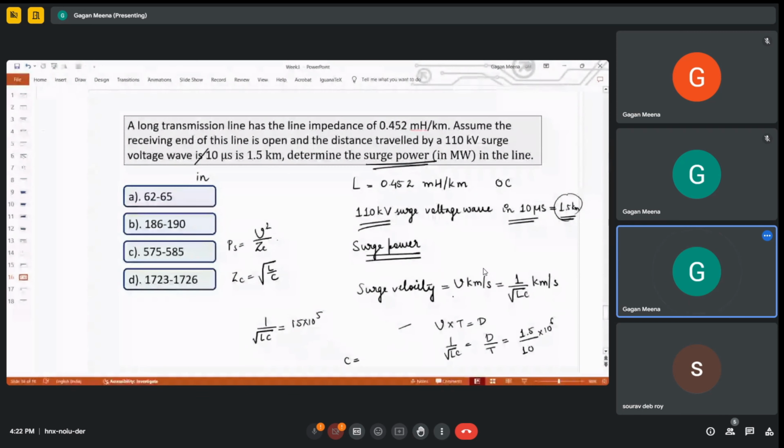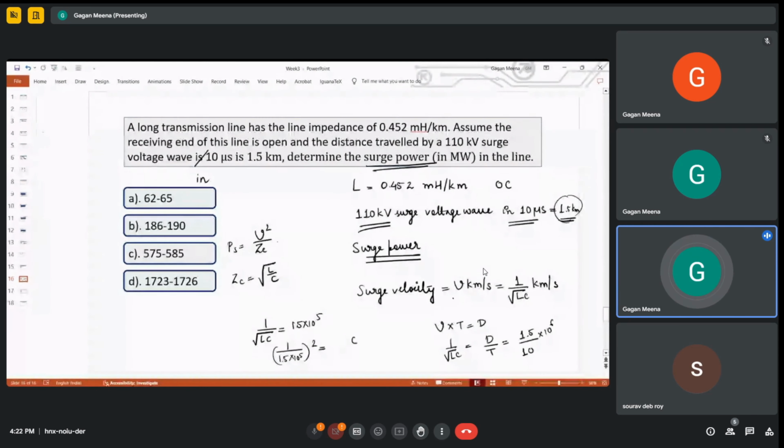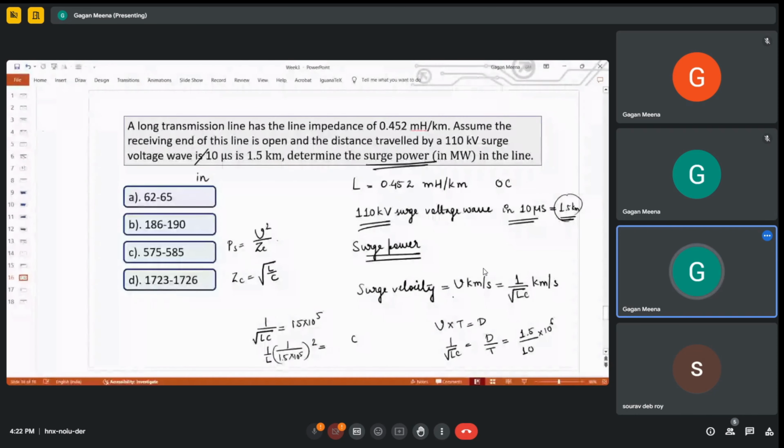It will be LC, and C will be divided by L. This we have to do: 2.582 into 10 to the power minus 3, squared, divided by L, which is 0.452 into 10 to the power minus 3.